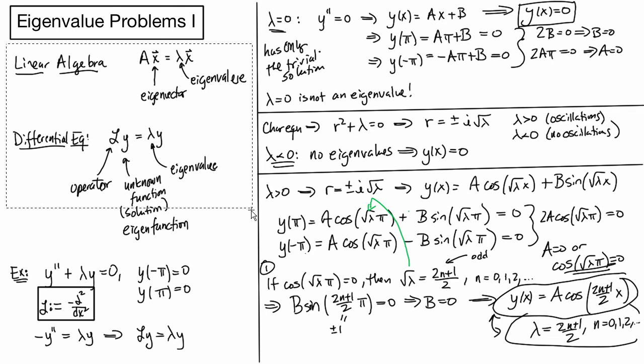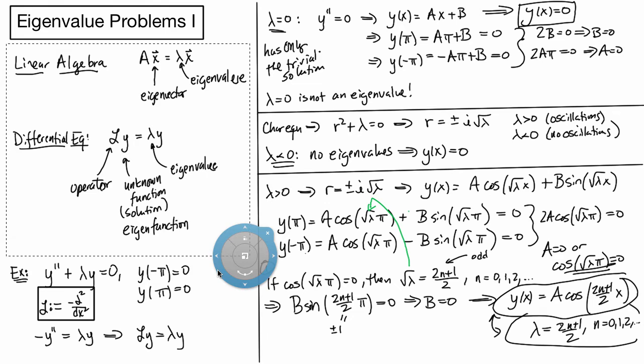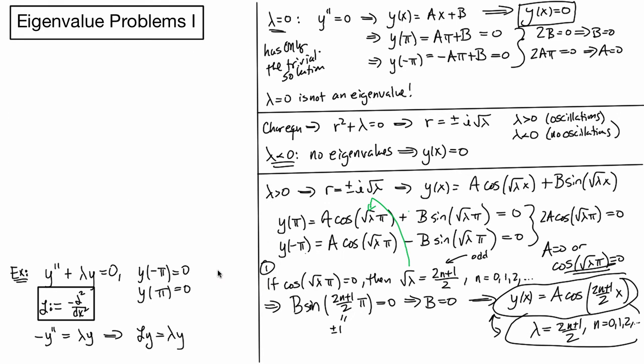Let me make myself a little bit of room here. The second possibility, so coming back to where we were right here, the second possibility is that a is 0. So if a is 0, then that implies that b sine square root of lambda pi is 0.